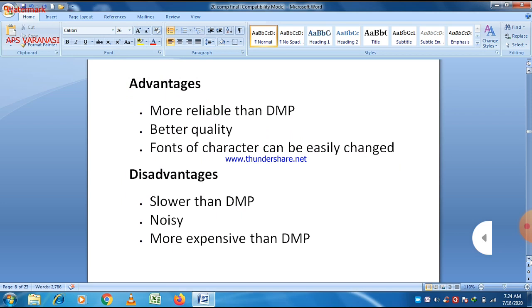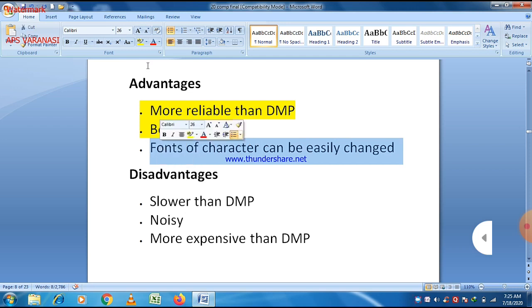daisy wheel printers. And the disadvantages: they are slower than dot matrix printers. They are noisy, both of them are noisy actually, and more expensive than a dot matrix printer. The dot matrix printer is very economical as compared to other printers.